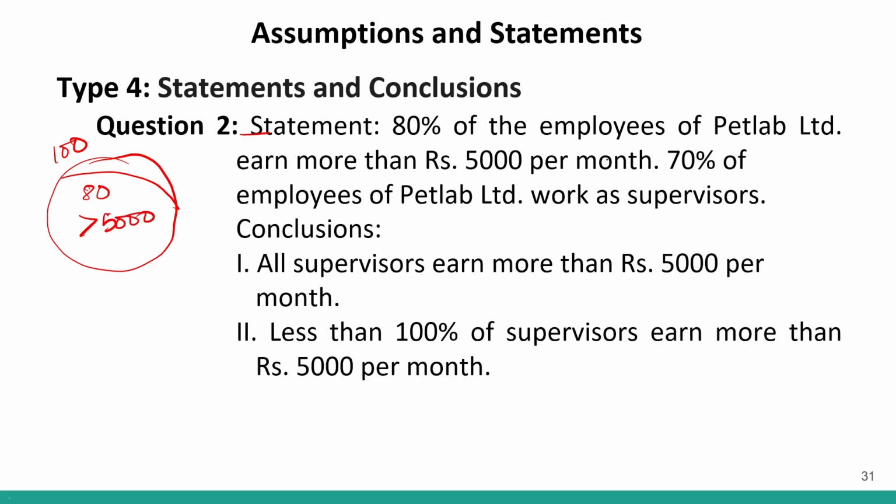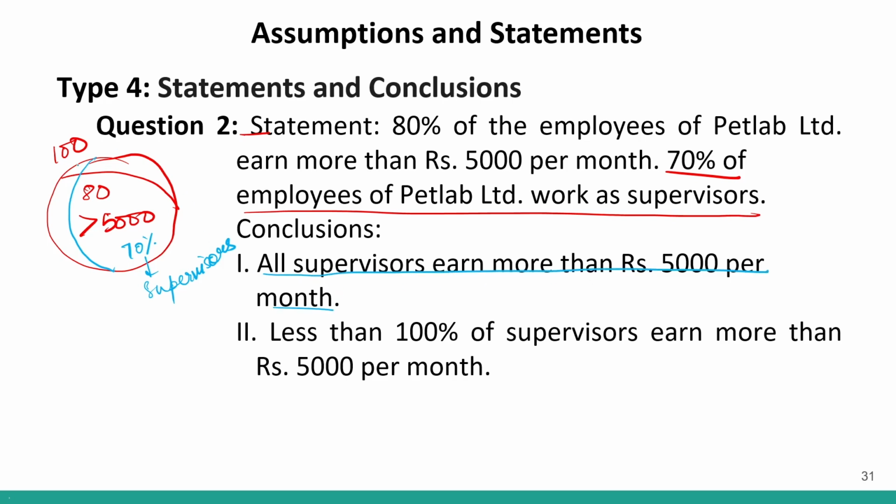Now, 70% of employees of Pentab Limited work as supervisors. So let's say there are 70% that work as supervisors. Now, conclusion 1 says all supervisors earn more than 5,000 per month.